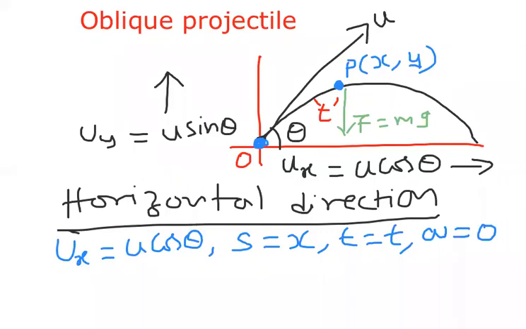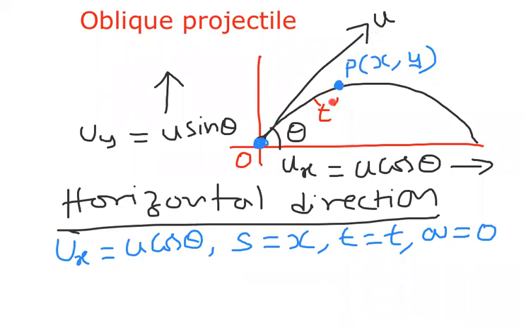F equal to mg. If the mass is m, the weight will act in the downward direction. That means the body in air will experience a force in the vertical direction. There is no force in the horizontal. The body is projected in this direction, but there is no force in the horizontal.